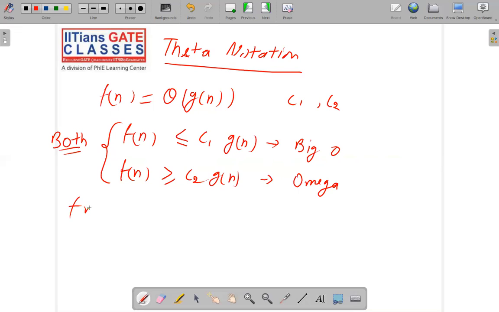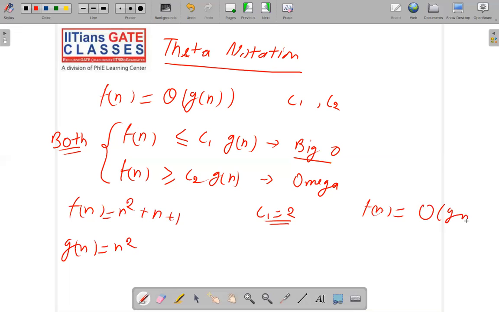For example, if f(n) equals n square plus n plus 1 and g(n) equals n square, will theta be satisfied or not? Theta will be satisfied. We have seen that if we take C1 equal to 2, f(n) equal to big O of g(n) will hold.